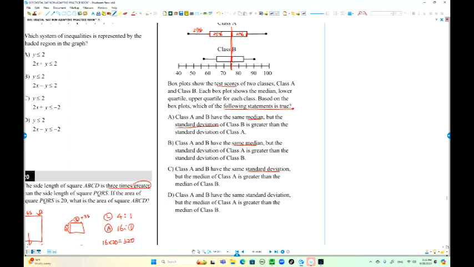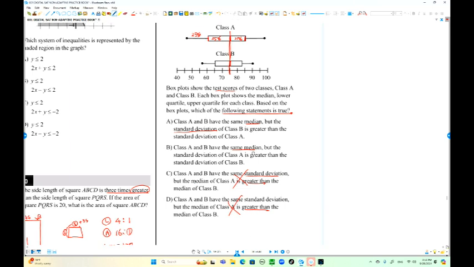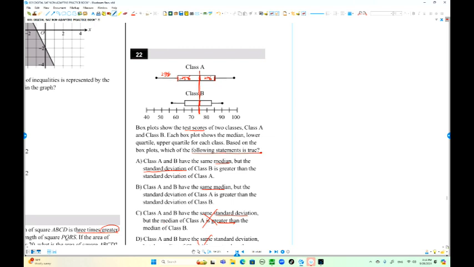Same. Not great. But what about standard deviation? Standard deviation, usually in a box plot, we use what? Interquartile range or just regular range. Interquartile range is what? The data spread the very long way, right?